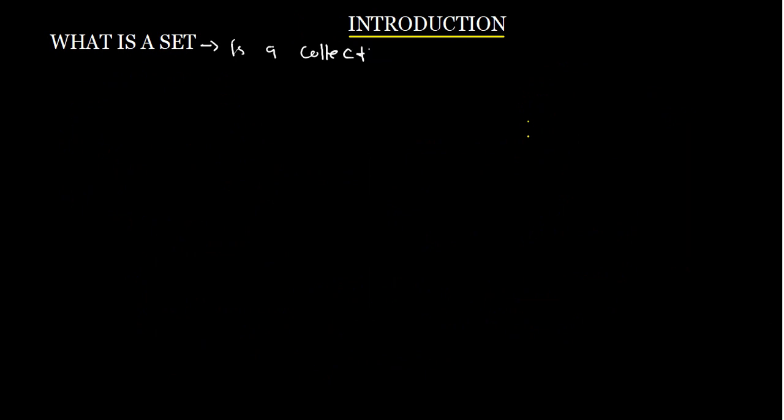Let's say elements, or just objects. All right, so that's the definition for sets. Since we are saying a set is a collection of elements that should be different, we'll see what that means.